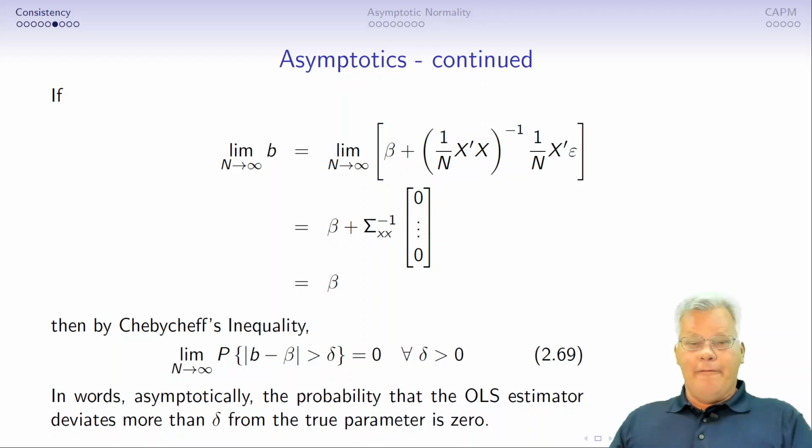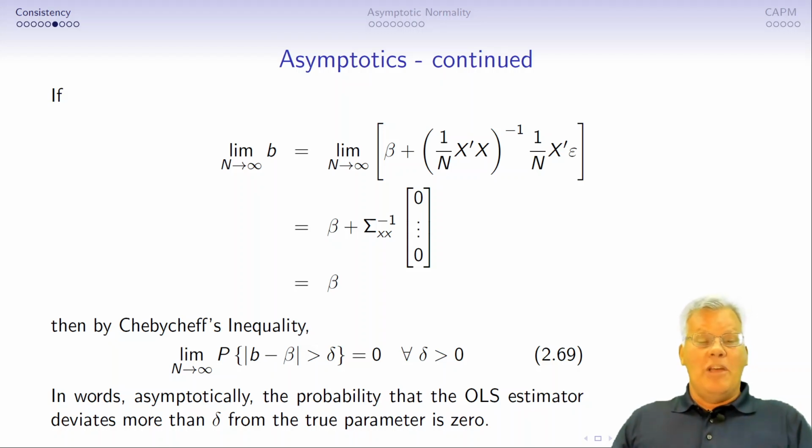So a finite non-singular matrix multiplied by a vector of zeros is itself a vector of zeros, and we get then that the limit as the sample size goes to infinity of b is beta.